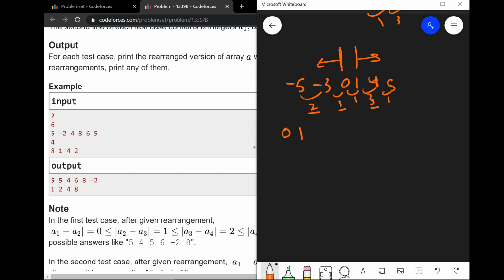Okay, but suppose we placed not like this, 1 0 -3 -5 and then 4 and 5. So the differences here are 1, 3, and here it's 2, so this is invalid. So rather than that, let's try to reverse and place it -5 -3. So this distance is again 5, this is 2.